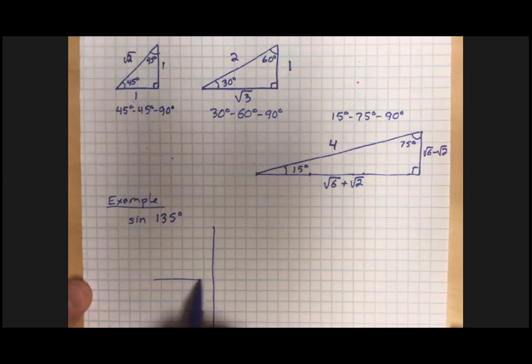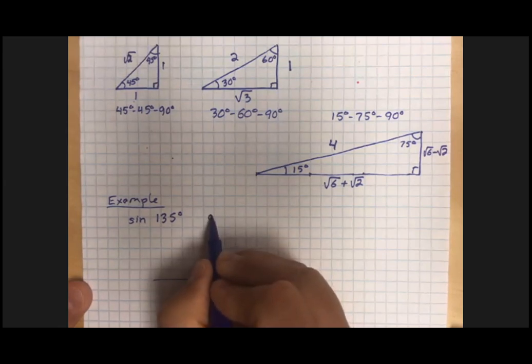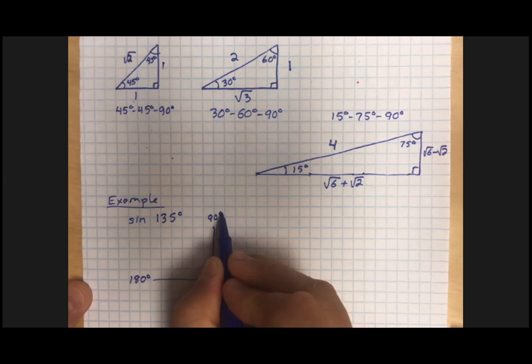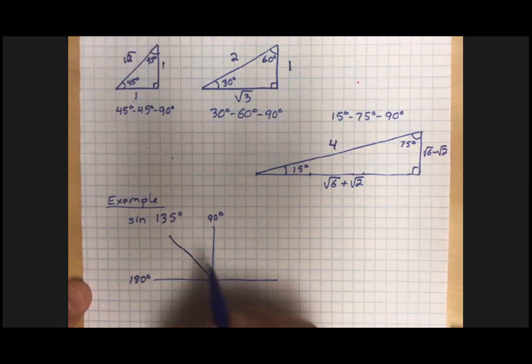And you can say, with just a rough drawing, I know this is 90. I know this is 180. 45 more will get me to 135. And 45 degrees is a 45, 45, 90 triangle. So this angle is 135 degrees.